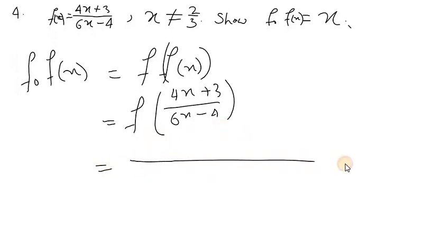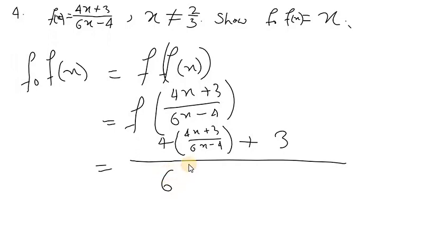So this will be basically 4 into 4x plus 3 divided by 6x minus 4, plus 3, divided by 6 into 4x plus 3 by 6x minus 4, minus 4.